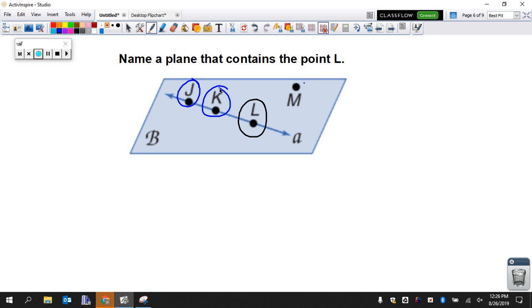And then we need to choose point M, because if we chose point L, that would be collinear. So we have to choose point M. So we have plane JKM. Or we could scramble those letters around, and those letters could be rearranged in any way that we wanted to arrange them. We also notice that we have this uppercase script B. So this could also be plane B.